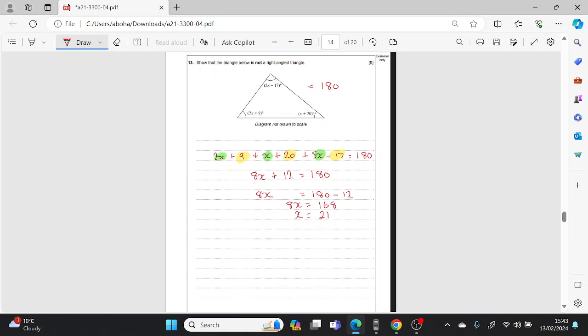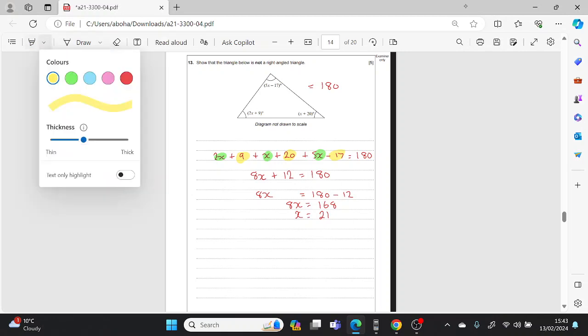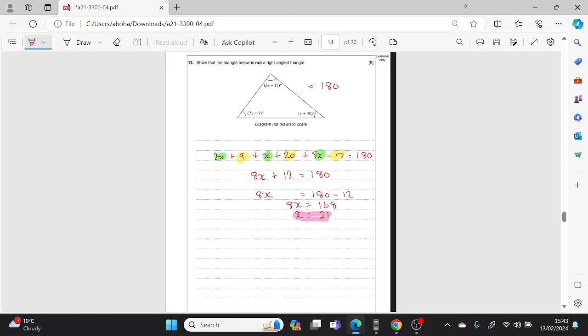Now you've got to show that it's not right angled. And the way we do that is you take your answer now. You take that answer and you're going to substitute it into there, into there, and into there. And all of your answers should not be equal to 90 degrees basically, okay?